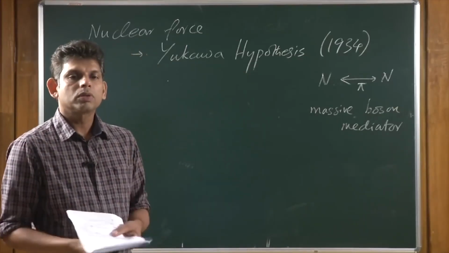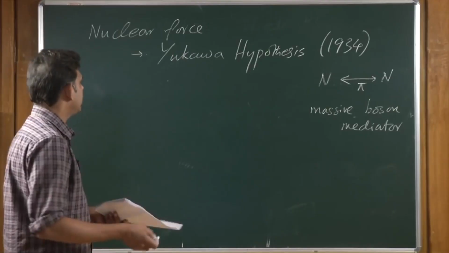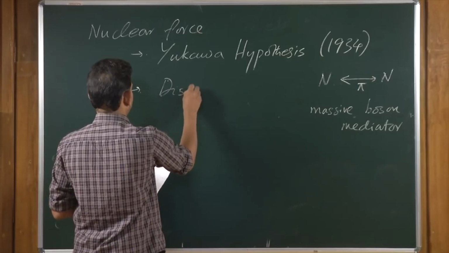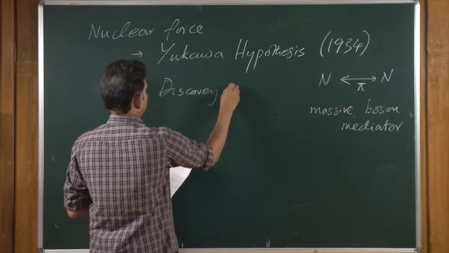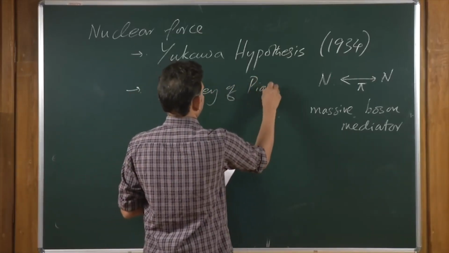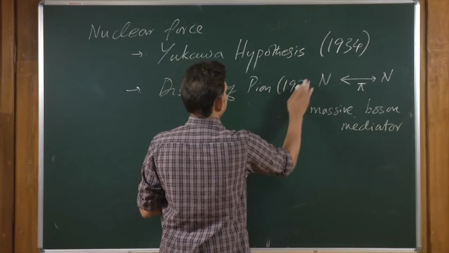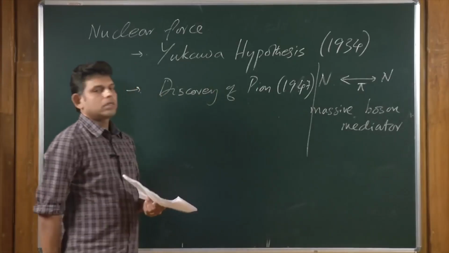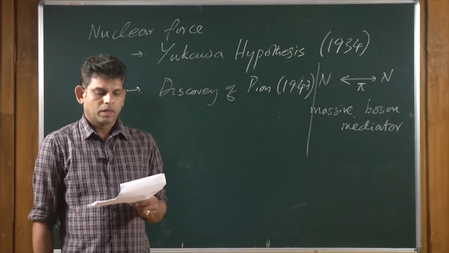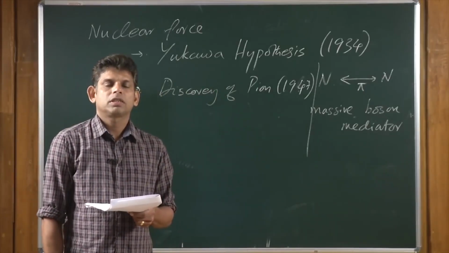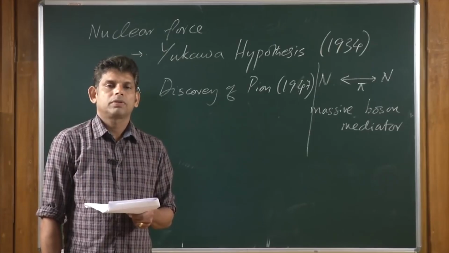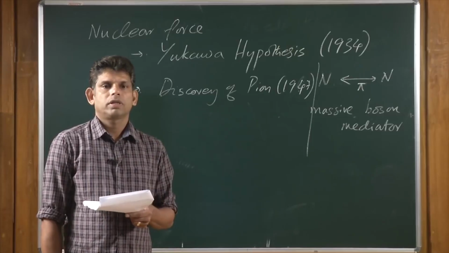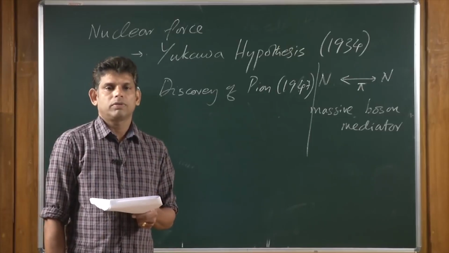And what are these bosons? People looked for those, and finally, in 1947, some such scalar particles, spin 0 particles, were discovered.